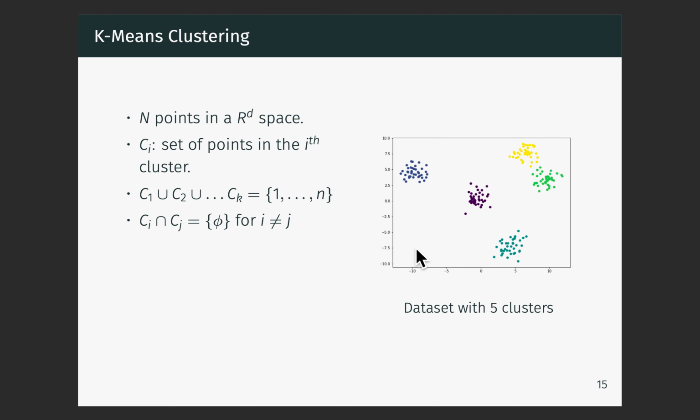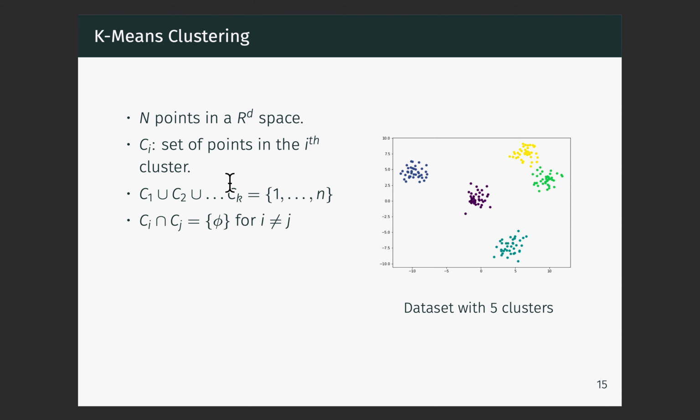In general, when we're talking about clustering, the first algorithm which is studied is known as k-means clustering. It's a very popular algorithm. We'll just introduce a very quick set of terminology. We assume that we have n points in a d-dimensional space. We say that C_i is the set of points in the ith cluster.